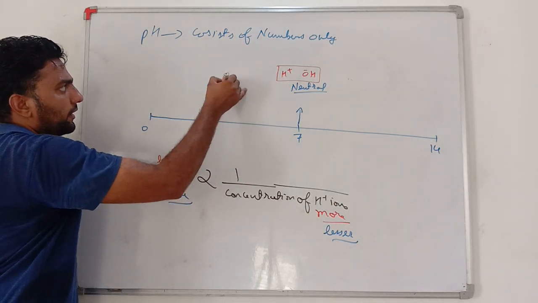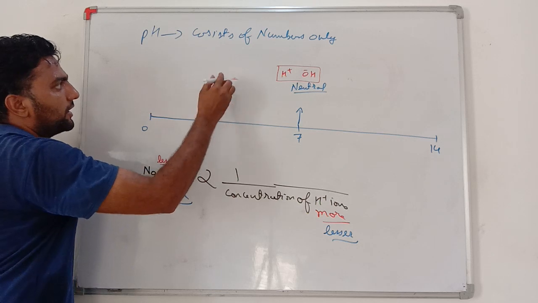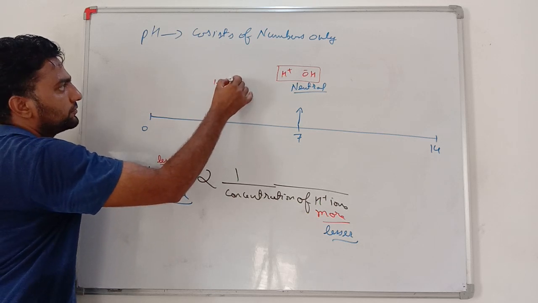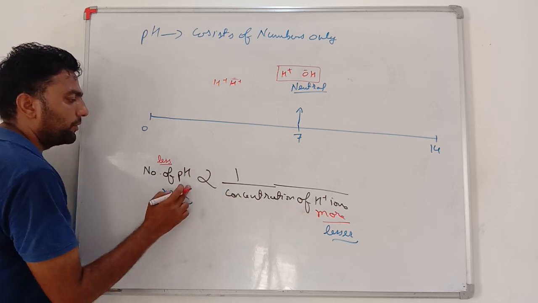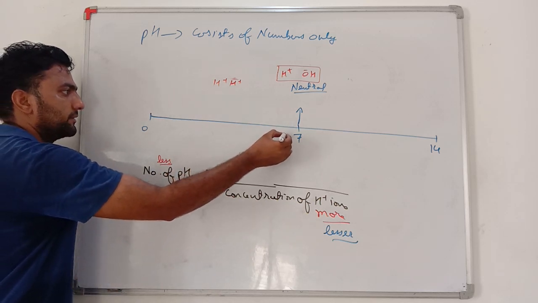If H plus ions are more, the number on the pH decreases.